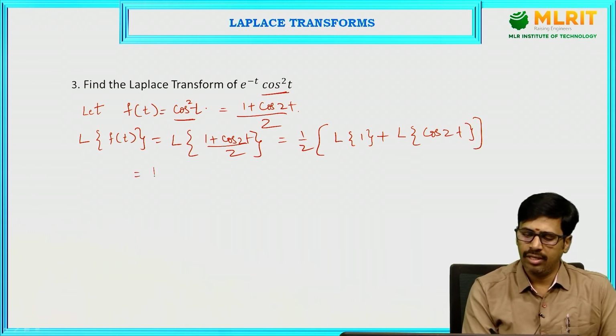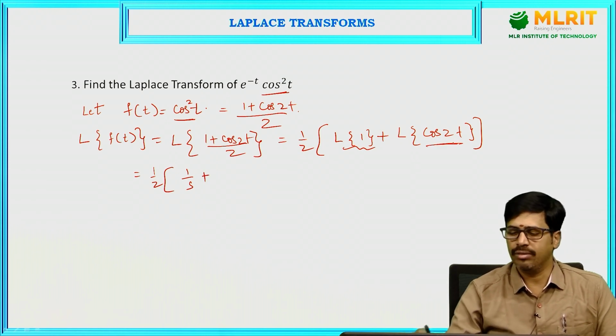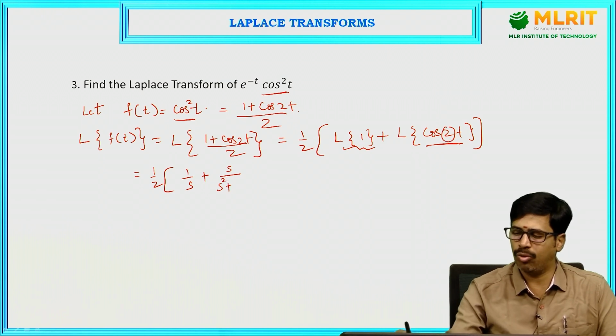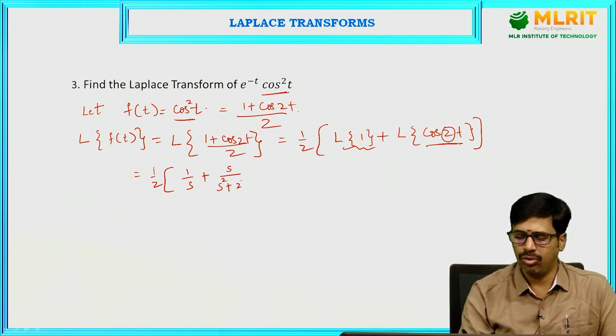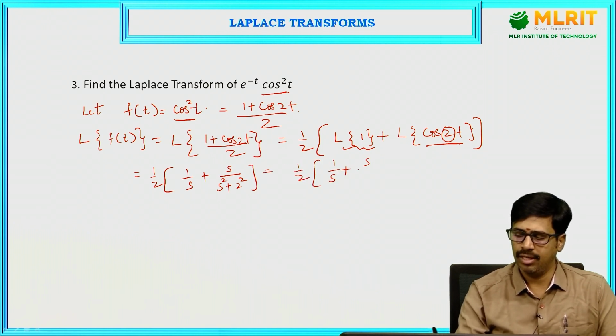We know that Laplace of 1 is 1 upon s, plus Laplace of cos 2t, s by s square plus a square. Here a means what? 2. So, 2 square. So, this is 1 by 2 into 1 upon s plus s by s square plus 4.